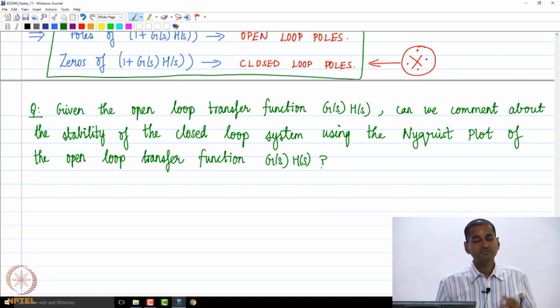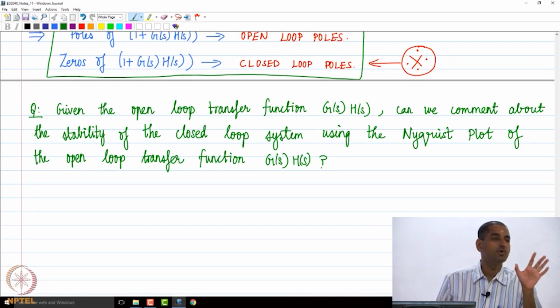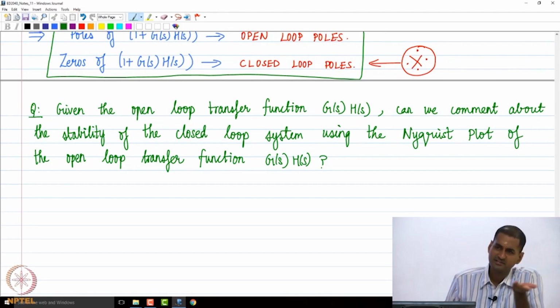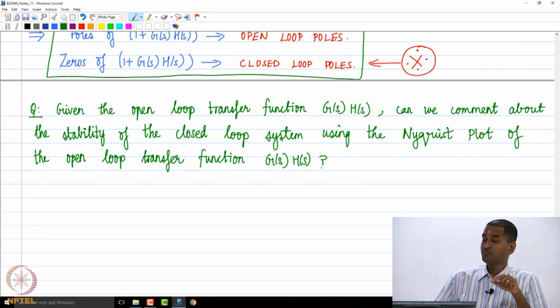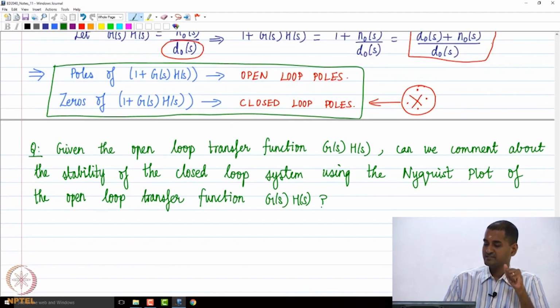So let me repeat the question. You are given the open loop transfer function G(s)H(s). So we know the open loop poles, which are nothing but the poles of 1 plus G(s)H(s), as we see in the green box.